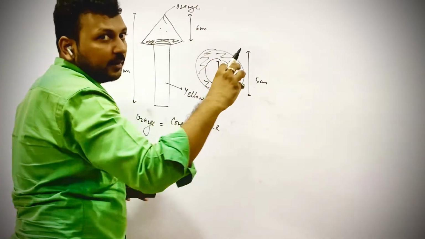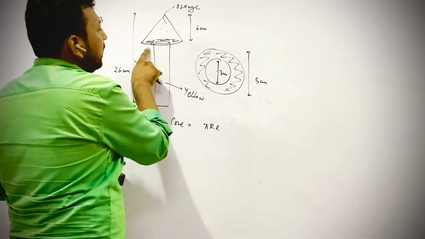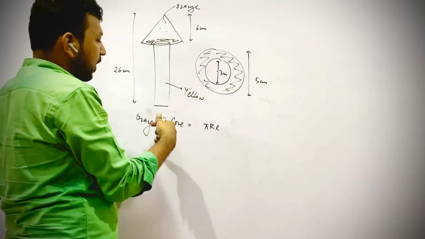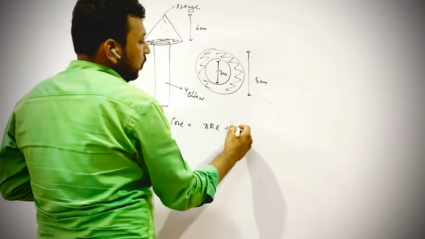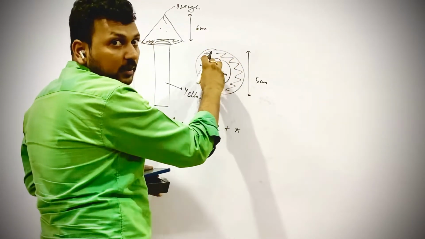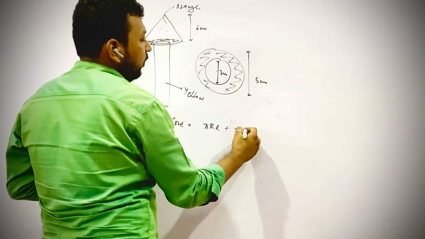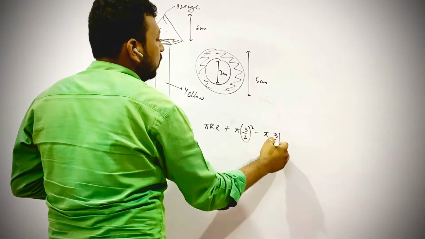Because this is a cylinder, you don't paint this portion, but the lower portion, this side, you have to paint. This is the part of cone. So how much is that? That is pi into the bigger circle minus the inner circle, right? So pi into 5 by 2 whole square minus pi into 3 by 2 square.